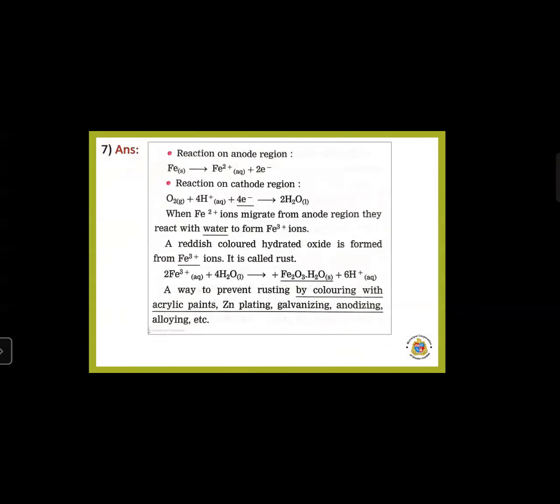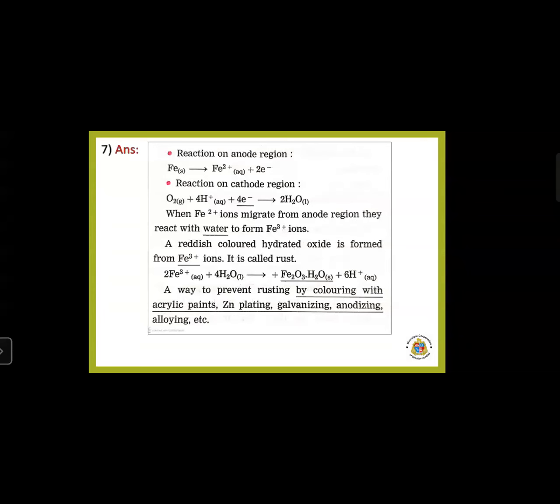So the answer: the reaction in the anode region is Fe releasing electrons, Fe to Fe2+ plus 2 electrons. The reaction in the cathode region is O2 plus 4H+ plus 4 electrons forming water, 2H2O.